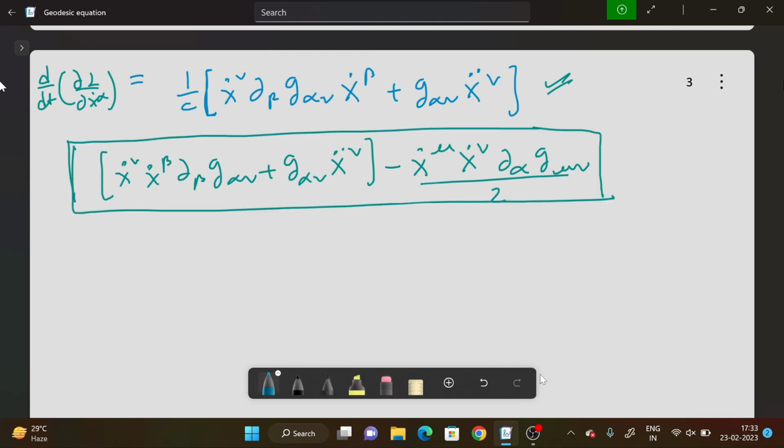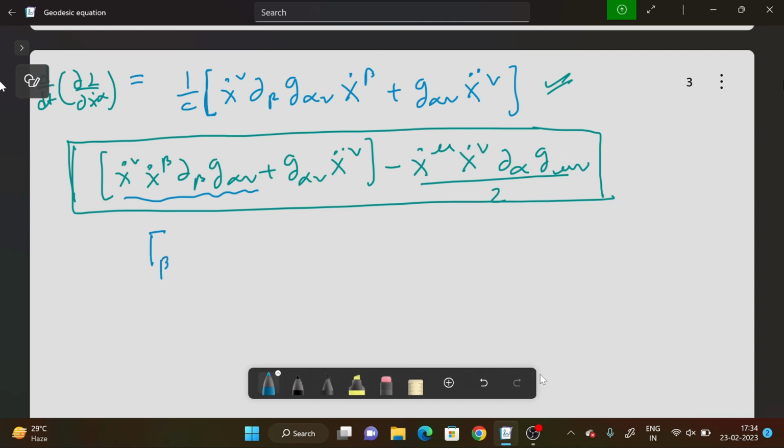Now we have to manipulate things a bit. We have to manipulate this term specially. Why do we need this manipulation? Well, the primary purpose of this manipulation would be to put things in terms of affine connection, or the Christoffel symbols, right? So, what are Christoffel symbols? The Christoffel symbol of the first kind is defined something like this.